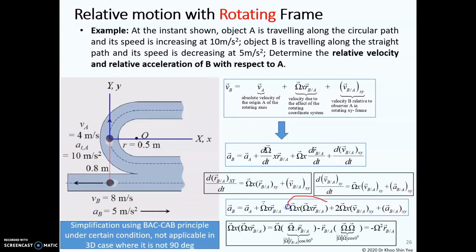In many books, this term is simplified to this, where we can compute the vector triple product by using the BAC CAB identity.